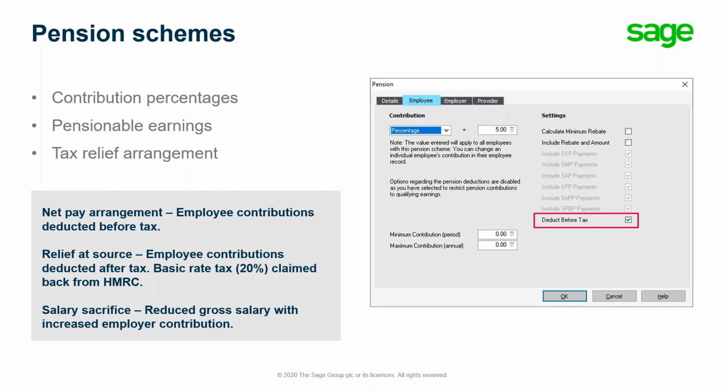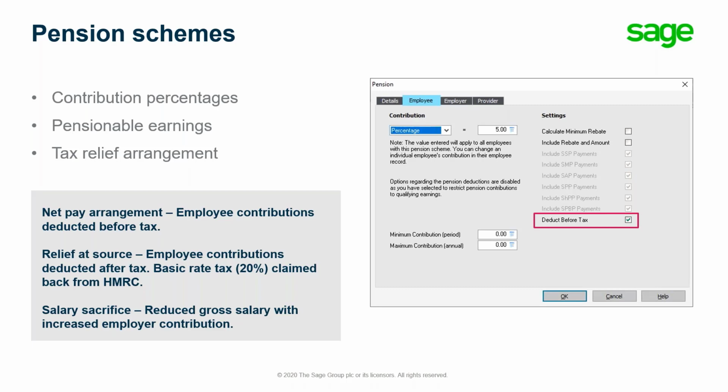Or it could be a salary sacrifice scheme where the employee reduces their gross salary and the amount that they've sacrificed is then added on top of the employer contribution. So if you don't know what those settings are, you'll need to speak to your pension provider.